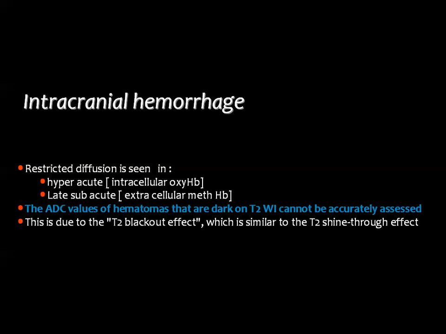Like, for example, the hyperacute blood, the acute blood and the early subacute blood will appear black on T2 weighted images. And you expect that the T2 shine through will be replaced by the opposite of it, which is the T2 blackout effect, which will occur in such hematomas.